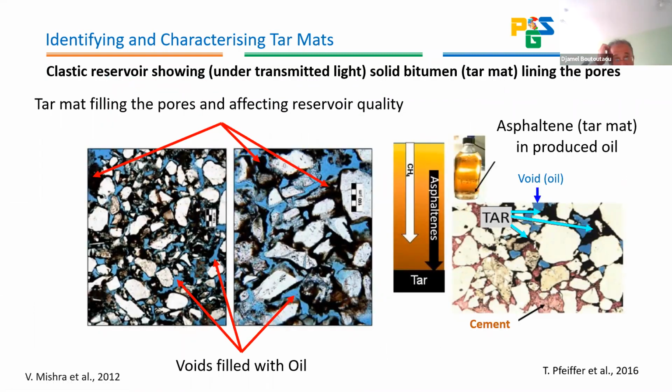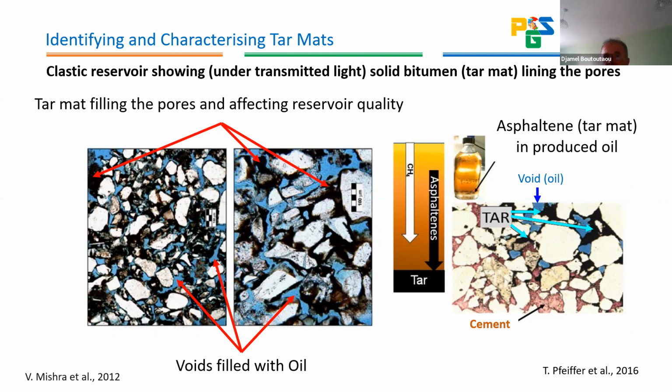So one of the problems when you've got a reservoir is that when you estimate your volumetrics, the volumes of your reserves, sometimes you don't know whether some of the reservoirs have a layer of tarmat.